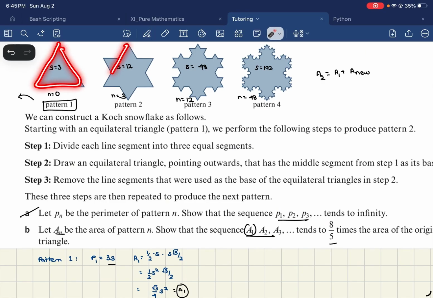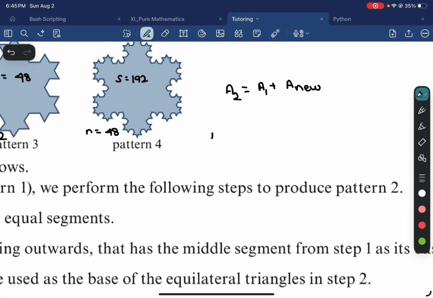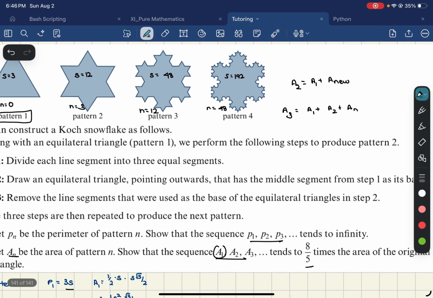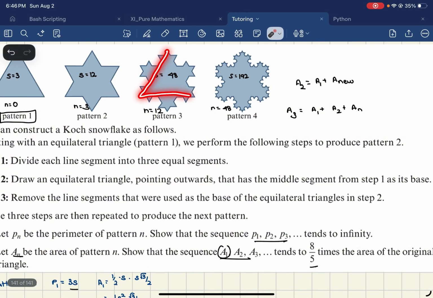So A2 is A1 plus the area of new triangles. What is A3? Well, it's A1 plus A2 plus the area of the new triangles, because this is A1, this is A2, plus all the area of the new triangles.